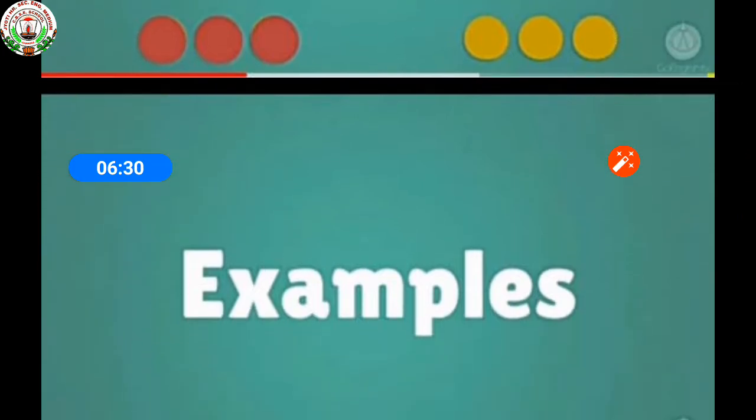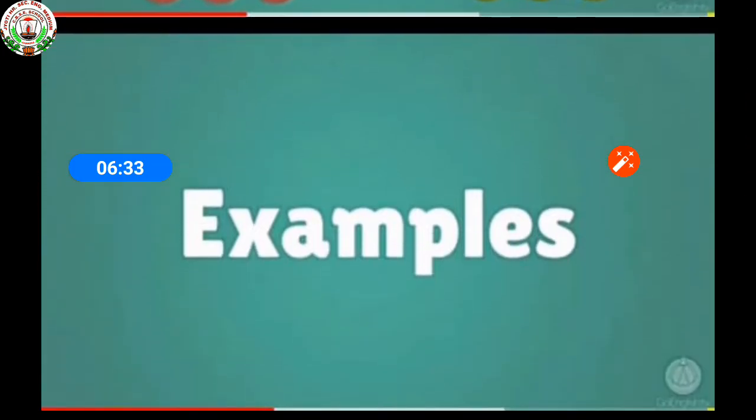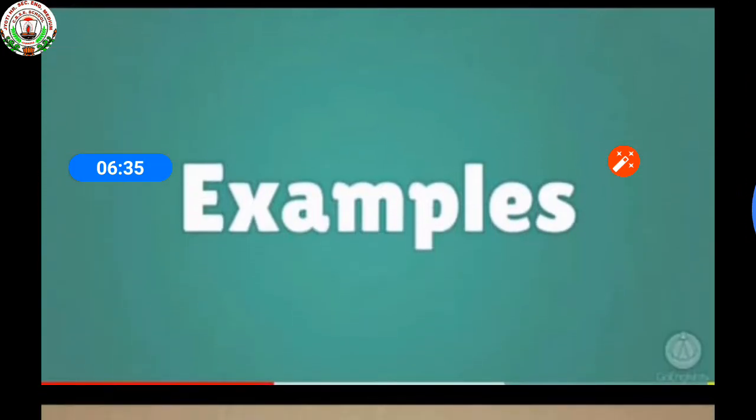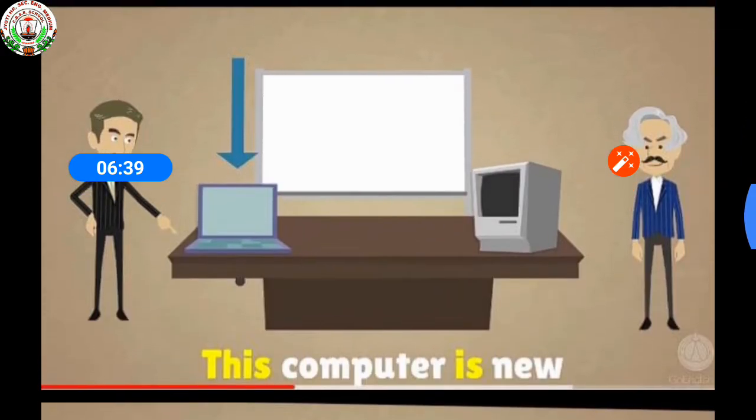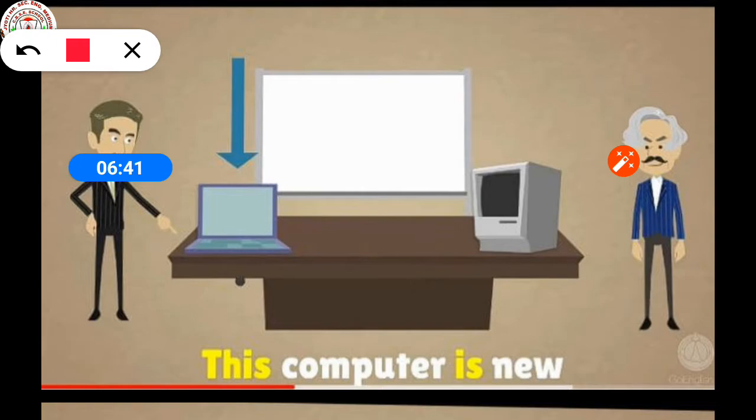So you can see the examples of demonstrative pronouns. This computer is new.